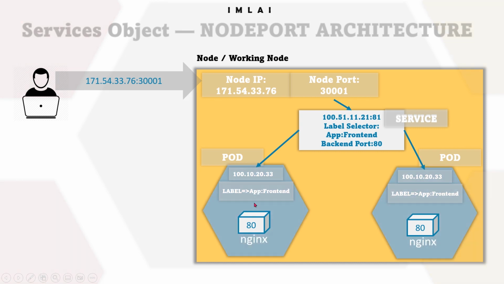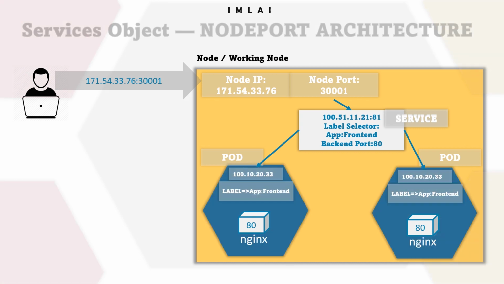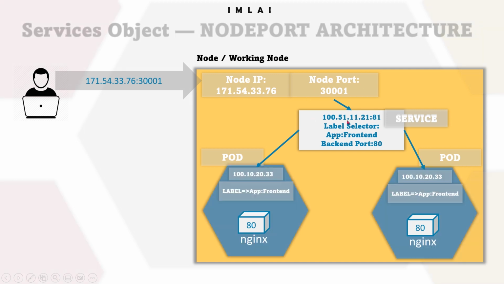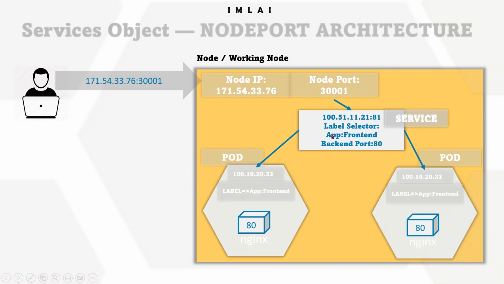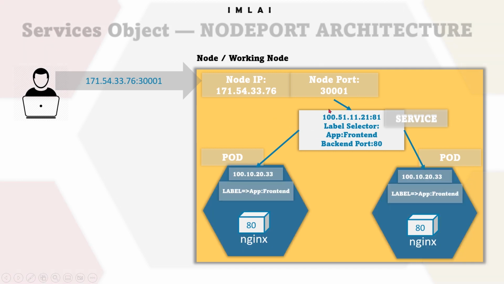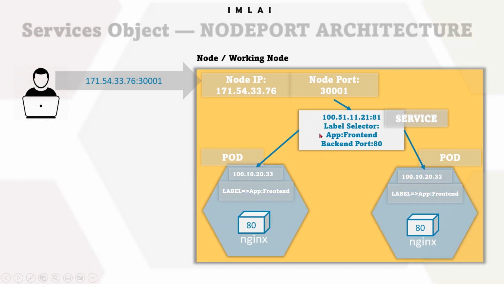So now service will be like a load balancer, as I said, in front of it. So service will have a static IP address which will not change unless you delete it. That's the benefit. So this is not dynamic, it's a static address.